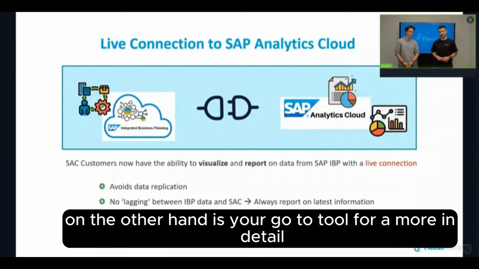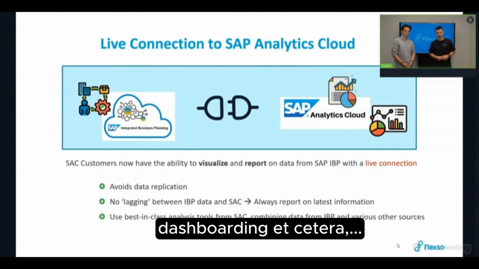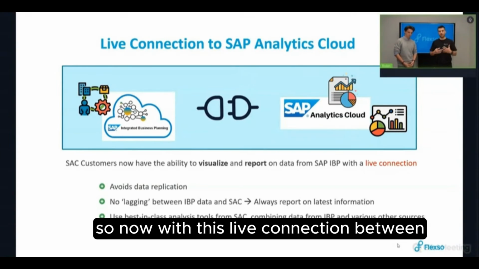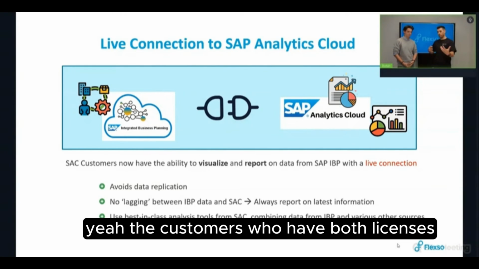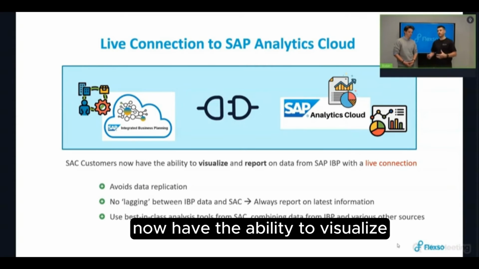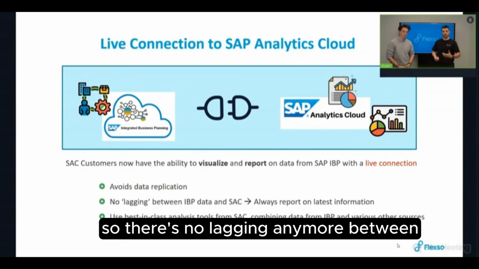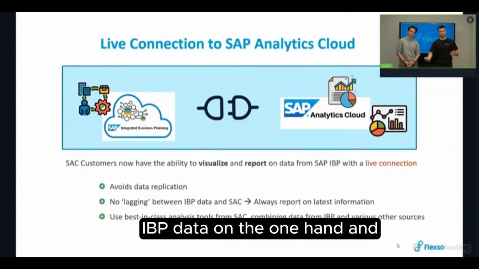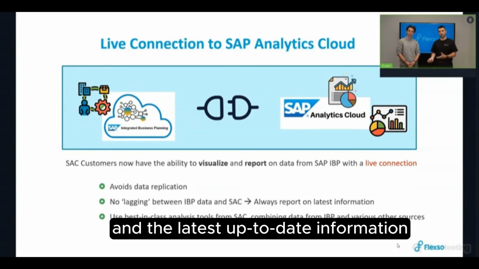Analytics Cloud, on the other hand, is your go-to tool for more in-depth reporting, analysis, dashboarding, etc. So now with this live connection between SAP IBP and SAC, the customers who have both licenses have the ability to visualize and report on the most up-to-date IBP data. So there's no lagging anymore between IBP data and SAC reports. You're always working with the latest, up-to-date information.